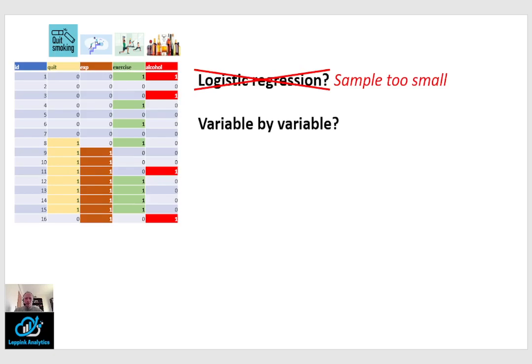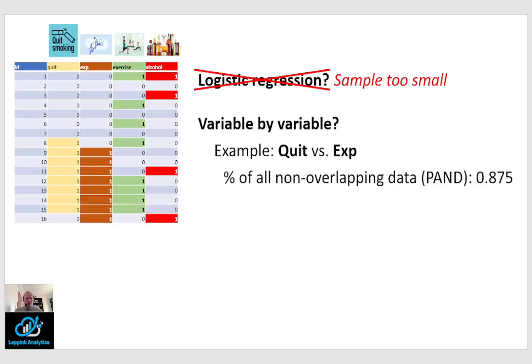So what then? Go variable by variable? For example, since the intervention is the first factor of interest, simply look at the distribution of quitting or not quitting smoking in the intervention and control condition, and that's it. While doing so, we can calculate a range of statistics, including the so-called percentage of all non-overlapping data, or PAND, which is 0.875.